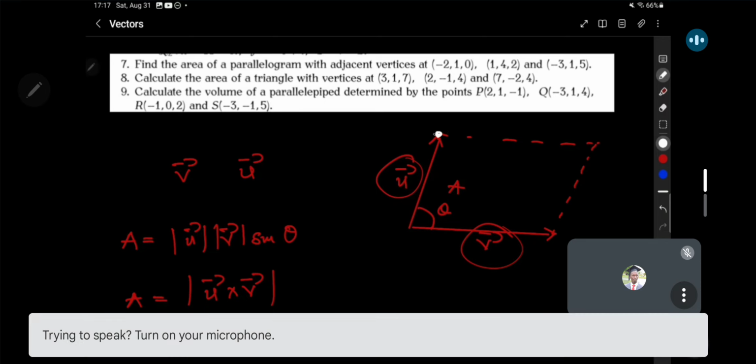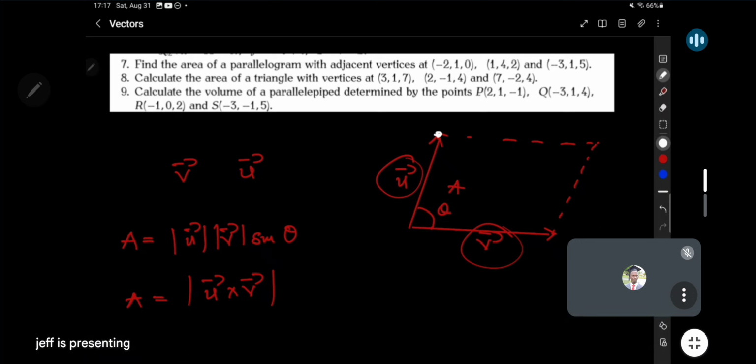So I can take this vertex here to be, let's say, (-2, 1, 0). And then I can take this one here to be (1, 4, 2). And then I can take this one here to be (-3, 1, 5).